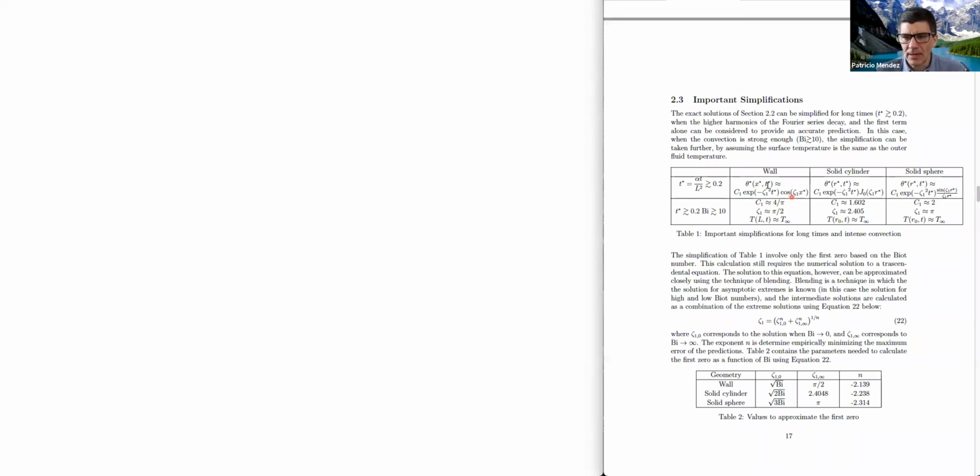Look, for the case of a wall, if Fourier is bigger than 0.2, the whole series solution becomes this expression I have here: C1, not Cn anymore, C1, times the exponential of minus zeta 1 squared, not zeta n, times T star, and a cosine. Same for the cylinder and same for the sphere. Fantastic. Now, we still need to know what C1 and zeta 1 are. I'll tell you more about that in a second.